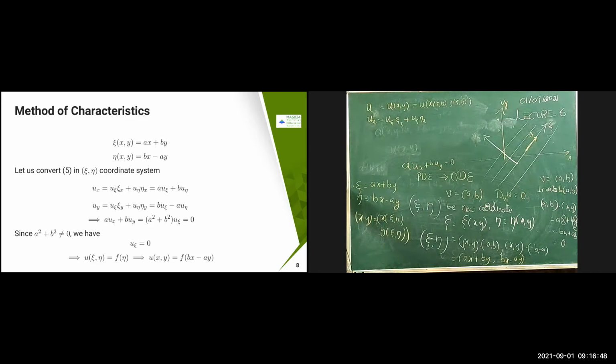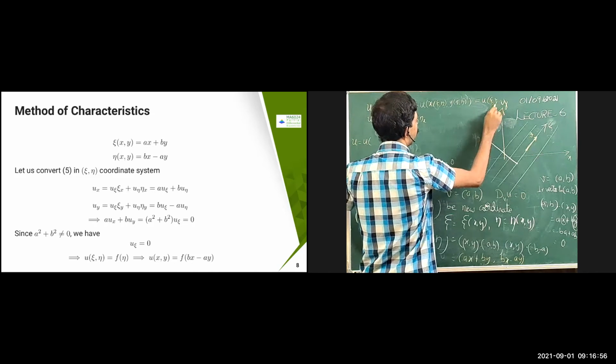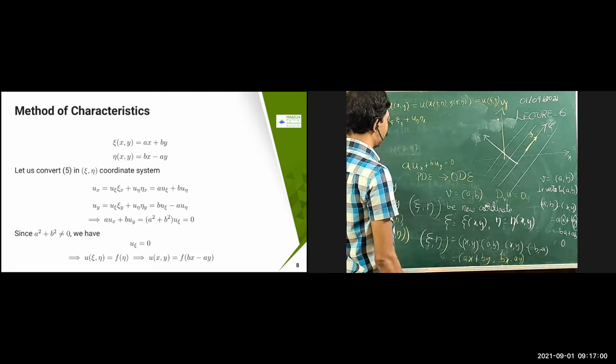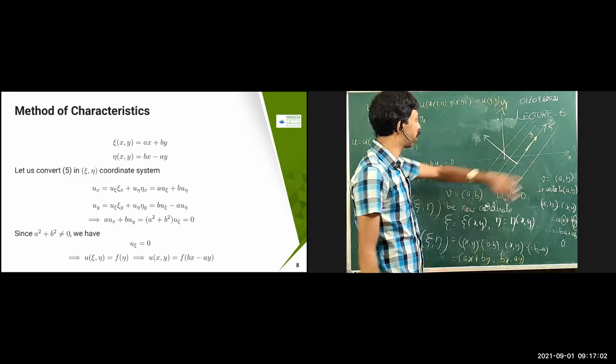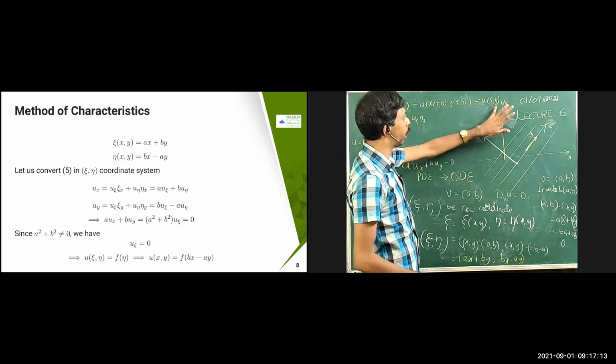Because now my new coordinate system, I'm just going to write u of chi comma eta. u was originally a function of x comma y because I was in that coordinate system. Now chi comma eta is the new coordinate system. Therefore x comma y can be written as x of chi comma eta, y of chi comma eta. After simplification, you are going to get u of chi comma eta.